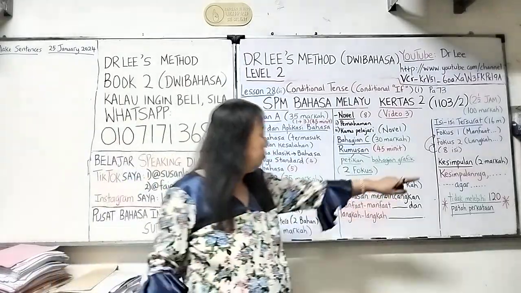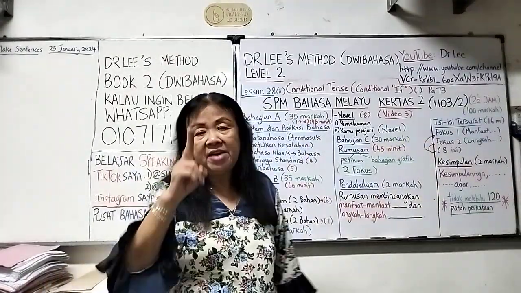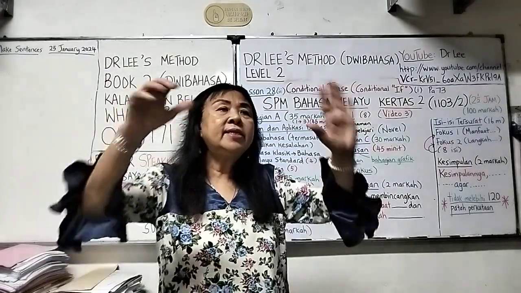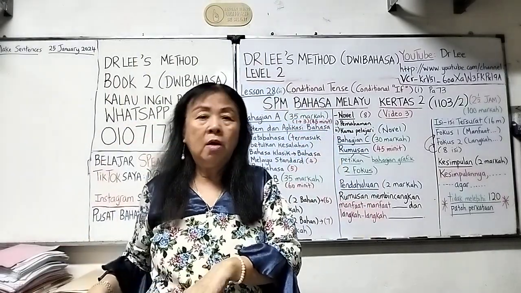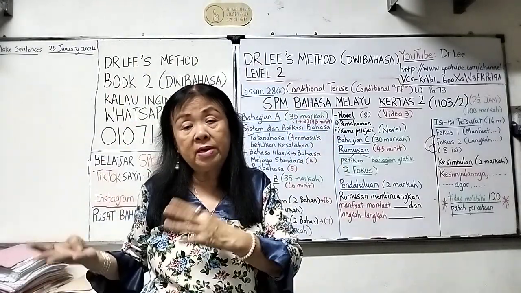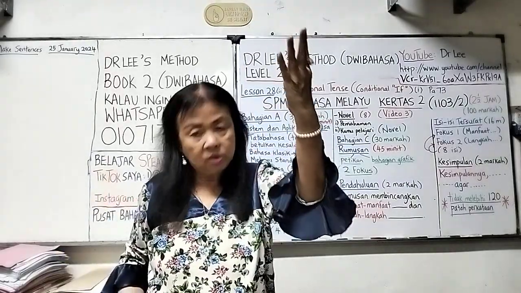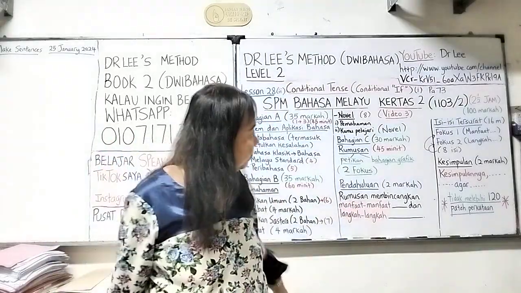So you need 8 isi, 8 main points. You are given 16 marks. That means every isi you get 2 marks. So you must remember, you can take 6 points from the petikan, 2 points from the graphic. Or if you can find 4 points from the graphic, you like to use the 4 points, go ahead. 4 is okay, it's no problem. Important you have 8. Okay?